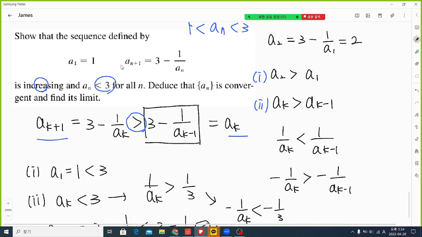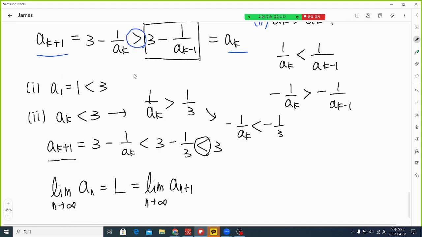So if we take the limit using this recursive formula, we get this.